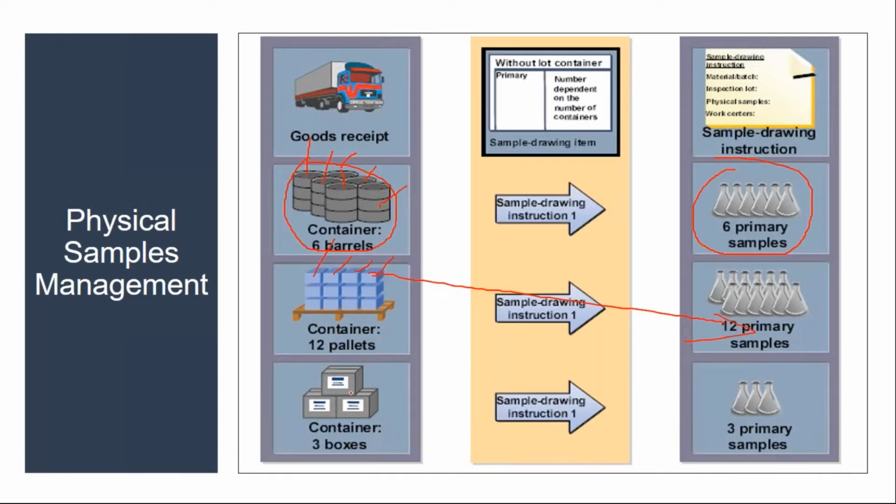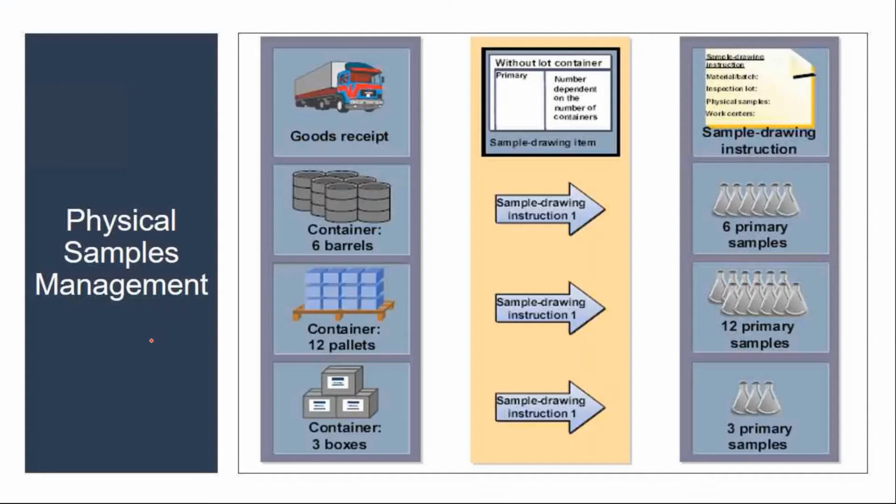And sometimes you receive a material in 3 boxes, so the requirement is to take a sample from each box. In those kinds of scenarios, you will be using physical sample management. To identify the sample taken from each container, you will use this physical sample management process.